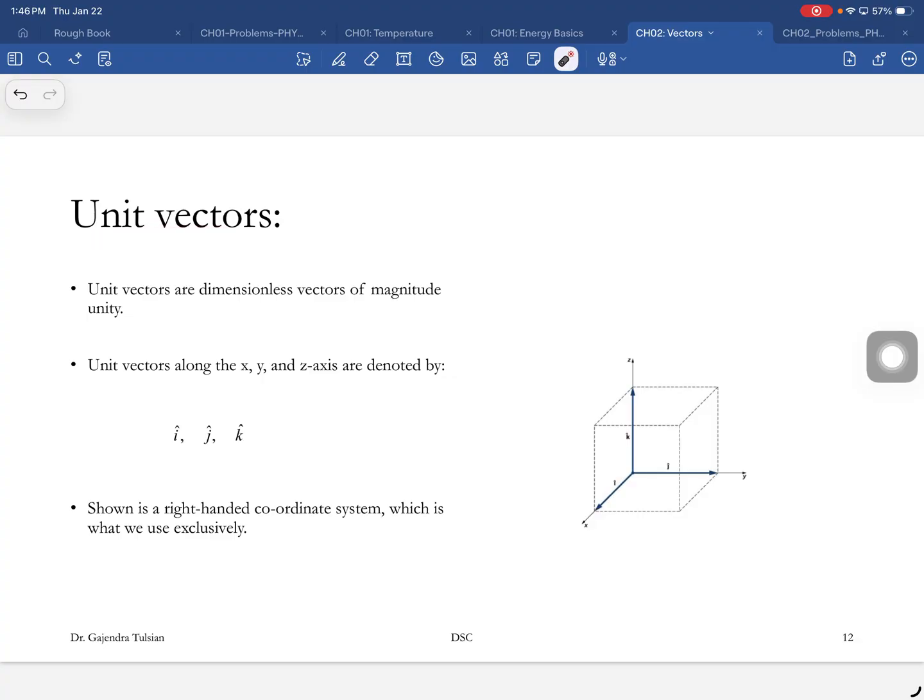Yeah, exactly. So you just add like components, 8i plus 10j. So now you have an algebraic way of adding vectors.